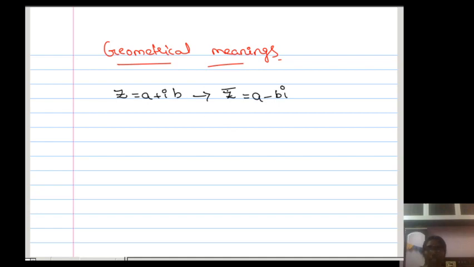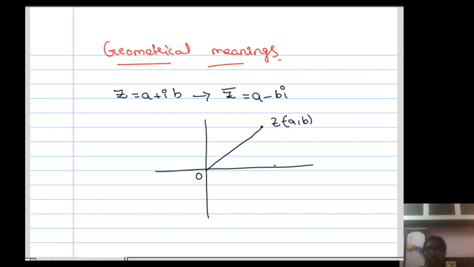Now geometrically, how can you represent this? Let us see. If you take the first quadrant, Z is equal to A plus iB, represented as A comma B, an ordered pair. This is O here, and Z is the complex number.